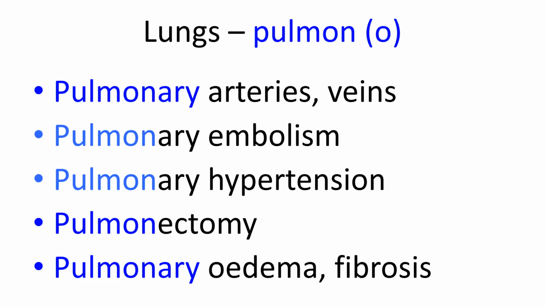So pulmonary means to do with the lungs. So the pulmonary arteries are going to carry blood from the right ventricle through the pulmonary arterial system to perfuse the capillaries which surround the alveoli, the pulmonary capillaries.